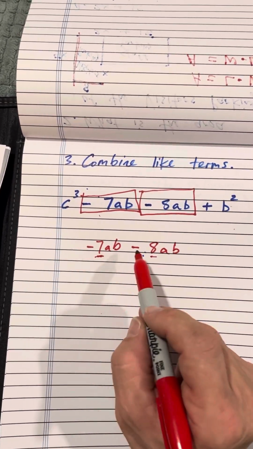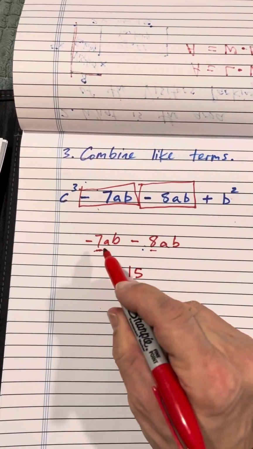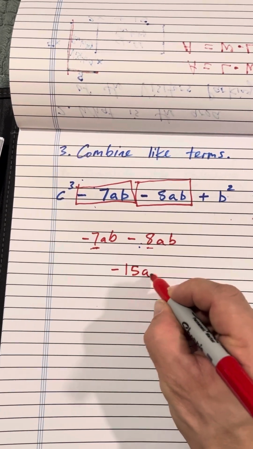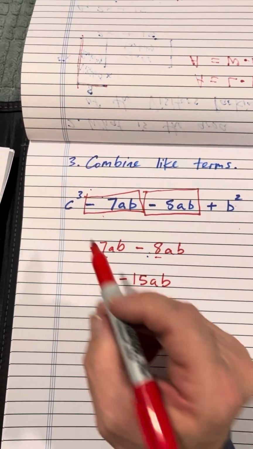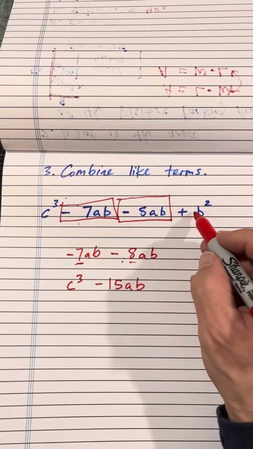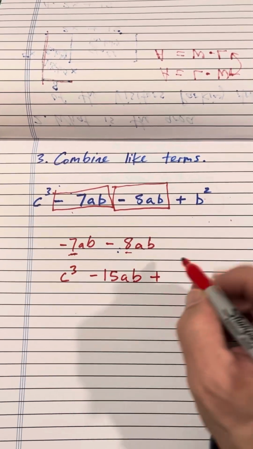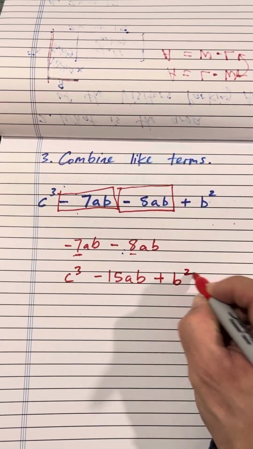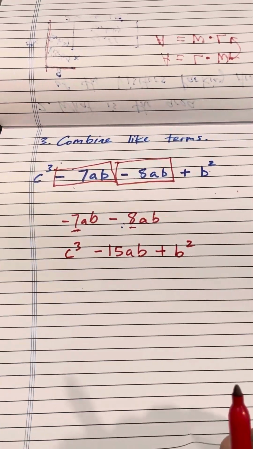So negative 7 minus 8 gives me negative 15. And then our variables just stay the same, ab. Okay? And then I didn't have anything to combine with that, so that just stays the same. And I didn't have anything to combine with that, so that just stays the same. And just remember to keep the sign the same there, plus b squared. So we have successfully combined our like terms.